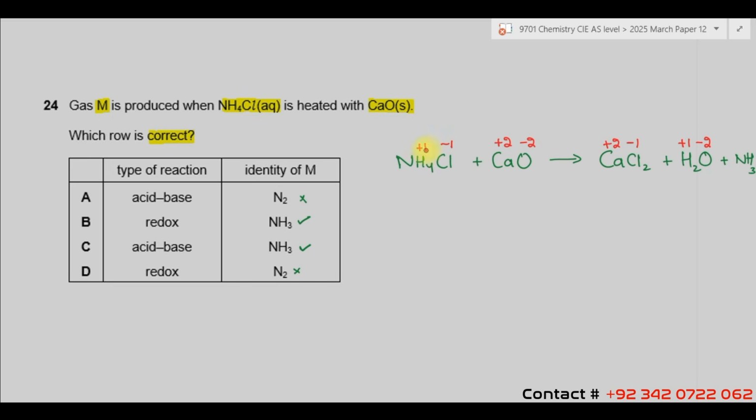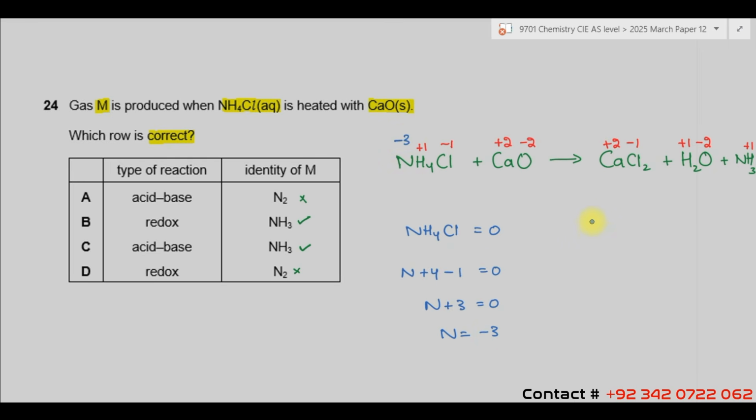Hydrogen is +1, +1. Nitrogen is left. Let's find out nitrogen. In ammonium chloride, which is overall neutral, we have nitrogen, we have 4 hydrogens, so it is +4, 1 chlorine, so -1. So nitrogen +3 equals 0, nitrogen is -3.